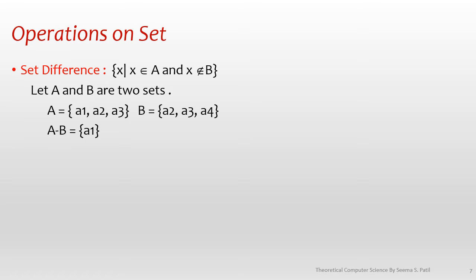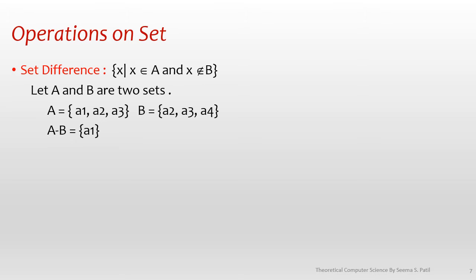Next, operations on set. Set difference. Here X such that X belongs to A and X does not belong to B. Let A and B be two sets. Suppose A equal to {A1, A2, A3} and B equal to {A2, A3, A4}.